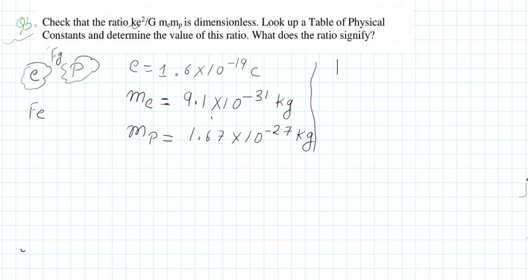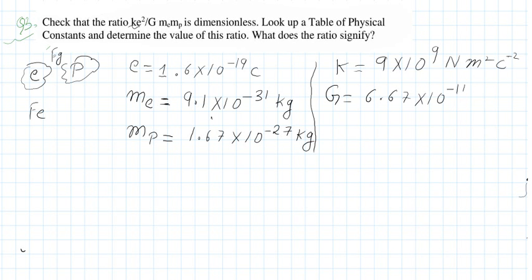Now the value of the electric constant is 9 into 10 the power 9 Newton meter square per coulomb square if the medium is air, and the value of G is 6.67 into 10 the power minus 11 Newton meter square per kg square, and it does not depend upon the medium, whether you take air, liquid or something.